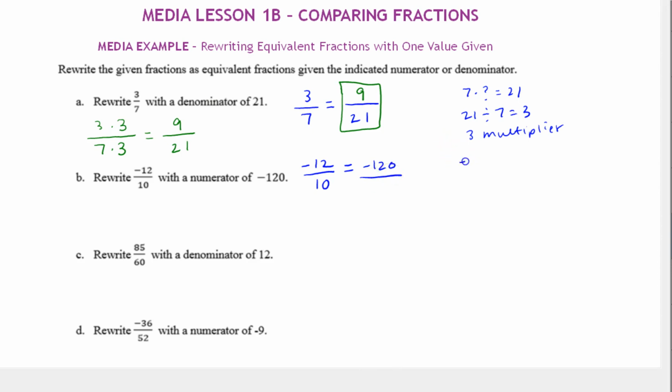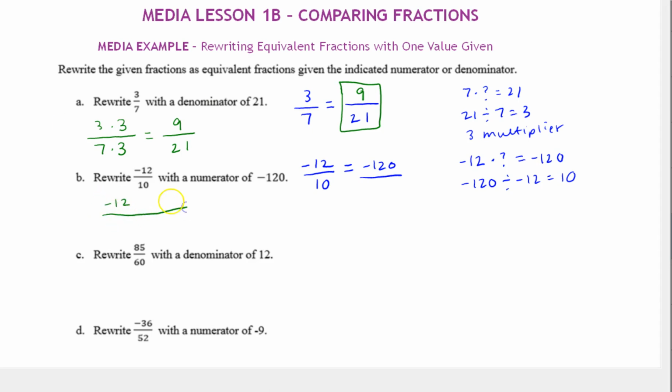Now it's hard to think of negative shaded pieces, so now we're going to abstract it a little bit, and we just want to think of negative 12 times some number. We want to find that multiplier that gives us negative 120. Equivalently, we could divide negative 120 by negative 12, and we'll get 10, which is our multiplier. So now let's do the work over here.